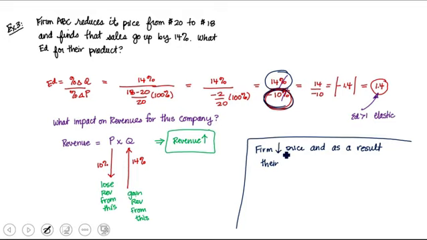They lower price, and as a result, their revenue goes up. All right, everyone agree? That's the answer we just got. We lower our price, but our revenues went up. So let's think about what we can infer here, right? This is enough for you to know what the elasticity is. Even if I didn't know the answer, I can figure out the answer here, right?